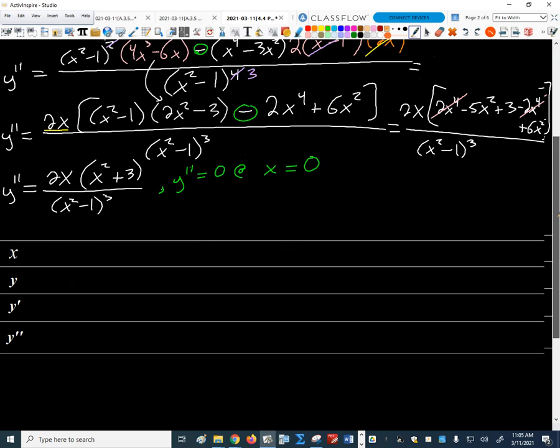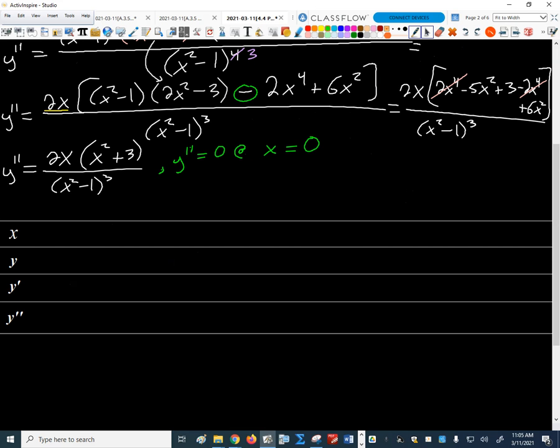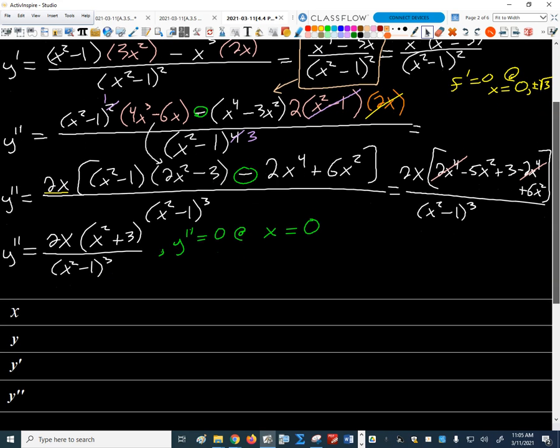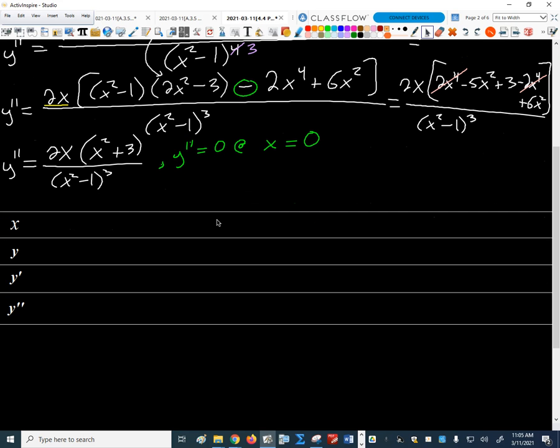So now we can start making our table. Put our critical numbers in there. We had critical numbers of the first derivative at 0, and plus or minus square root of 3. So these are all zeros of the first derivative. 0 was also a 0 of the second derivative.